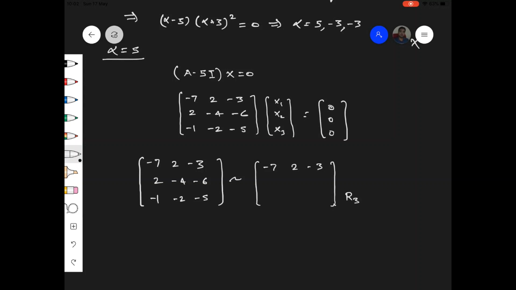So R3 is going to be replaced by R2 plus 2 times R3, and this is going to change the third row into 0, -8, and -16.